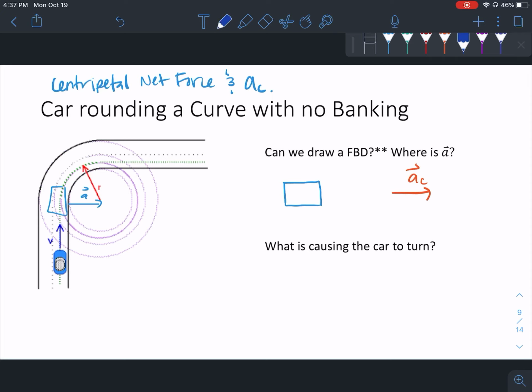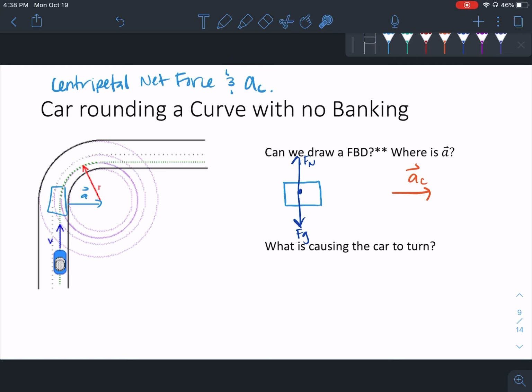If I think about what forces are on the car, I immediately know that there is a normal force, perpendicular to the surface, and a force of gravity, down. In this case, there's nothing in the centripetal direction. So if these were the only two forces on my car, I wouldn't be turning. You have to think a little more critically about what else is going on with the car.